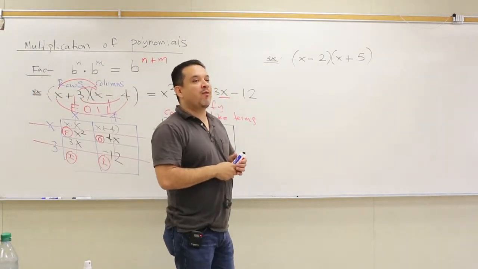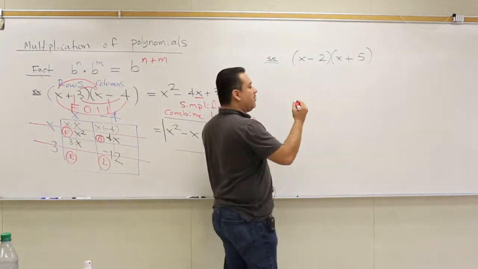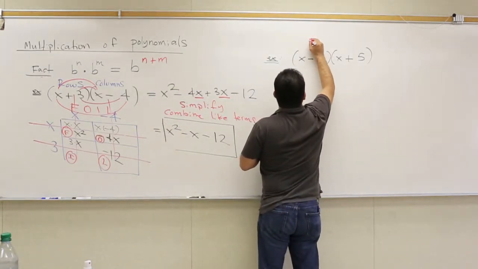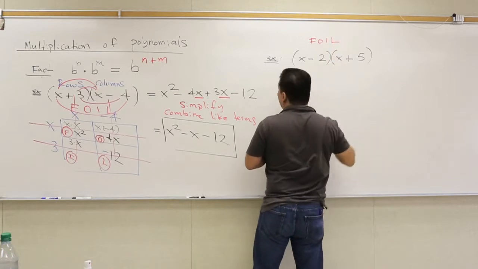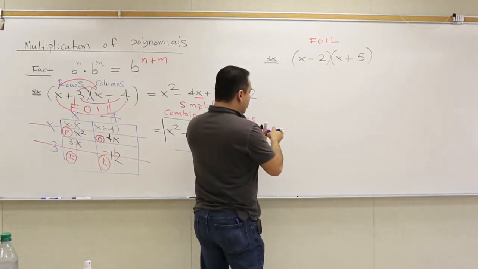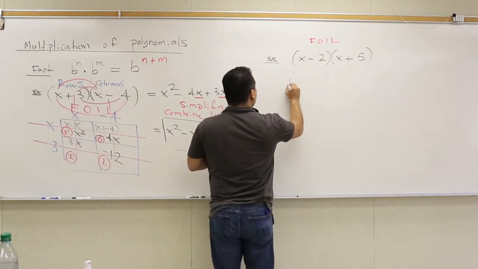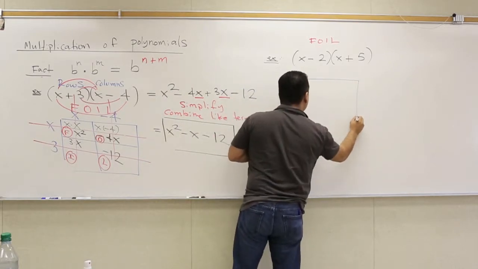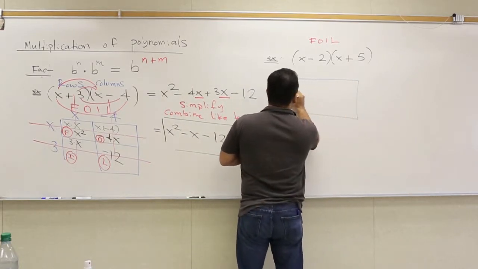What do you guys have to do to remove these parentheses? You're going to use the what? The FOIL technique. Again, if I were you, bring out the boxes. These boxes are your best friends.